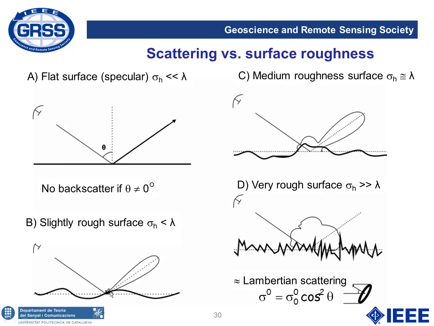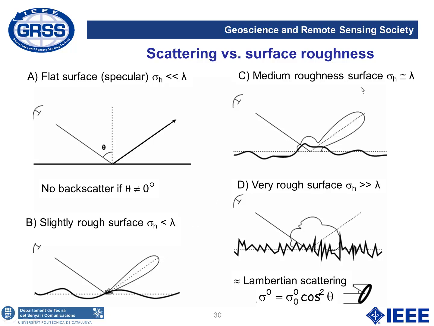In this case, we still have a predominant scattering along the specular direction of reflection, but now this lobe is becoming open, and some side lobes appear, so some part of the signal can actually come back to the radar, although it will be quite weak.